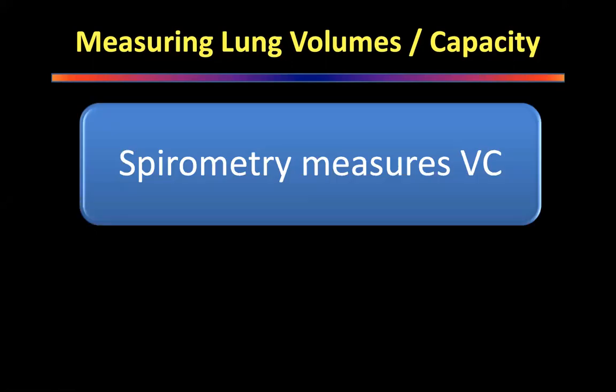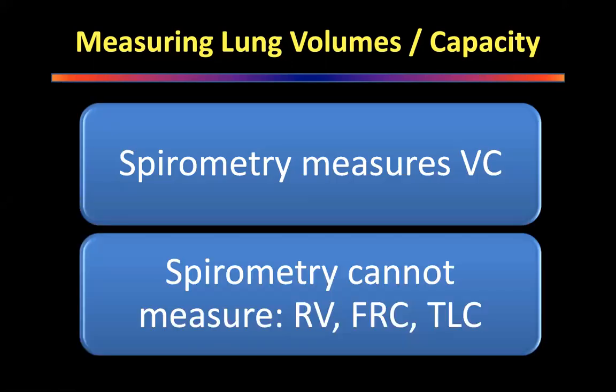Spirometry measures vital capacity because you do deep inspiration and deep expiration, but it cannot measure residual volume. Because spirometry does not measure residual volume, it cannot measure FRC, and it cannot measure TLC, because residual volume is part of TLC. So you need various techniques for doing it.